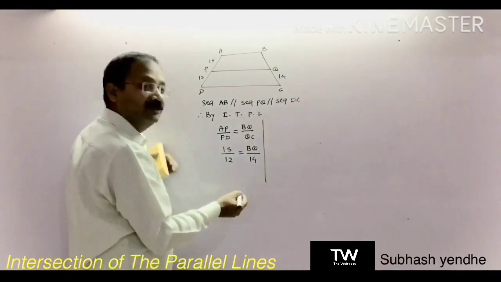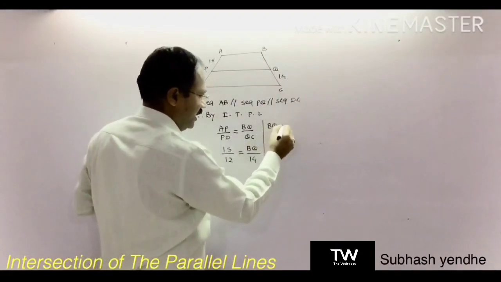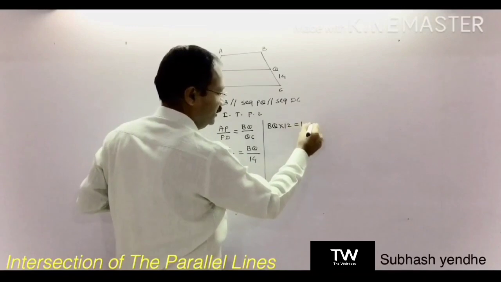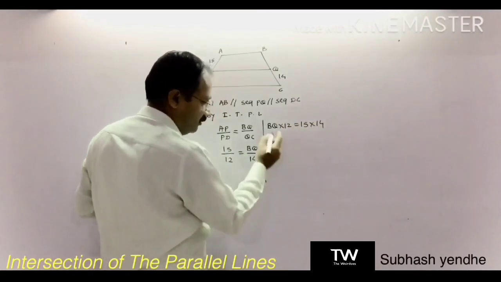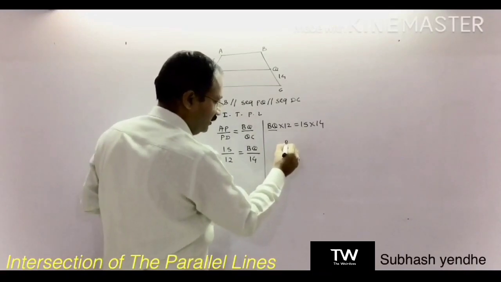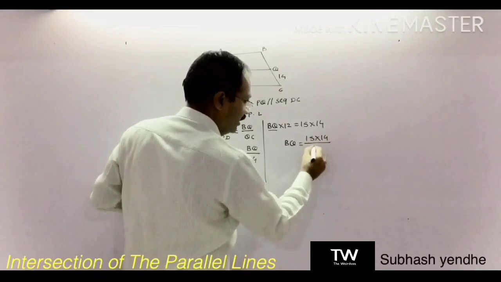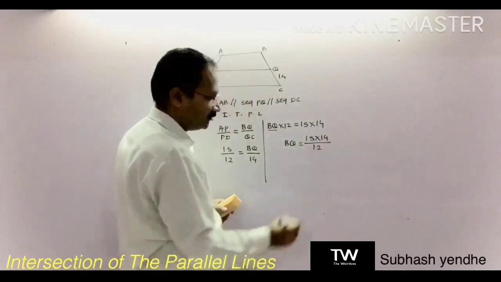Now what do you have to do? Cross multiplication: BQ into 12 equals 15 into 14. Now I want to find the value of BQ, so 12 goes to that side. BQ equals 15 multiplied by 14 divided by 12.